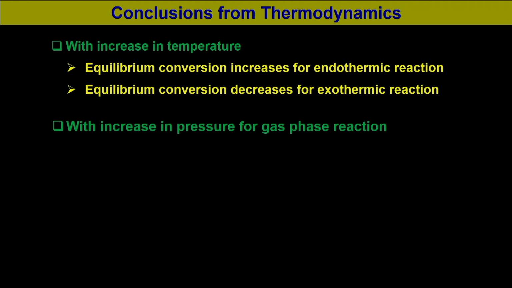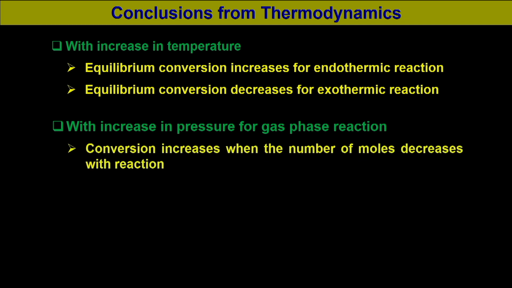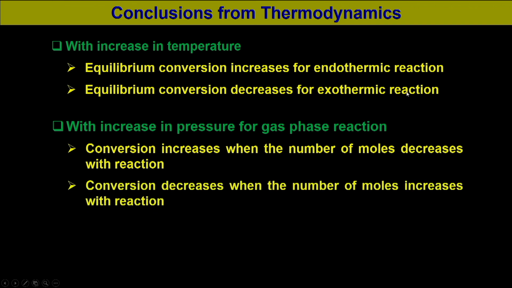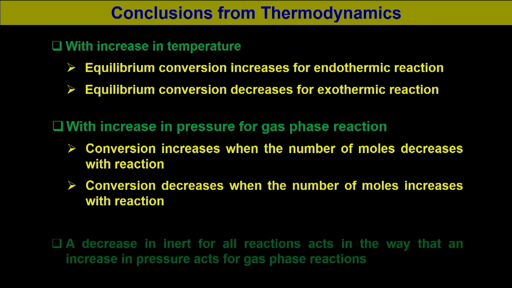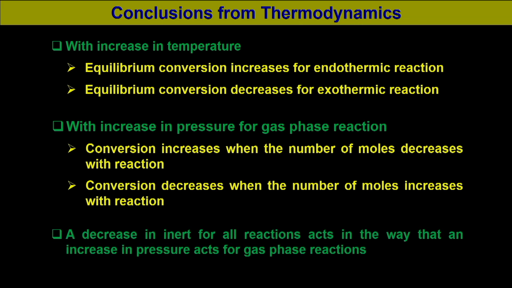With increase in pressure for gas phase reaction, conversion increases when the number of moles decreases with reaction and conversion decreases when the number of moles increases with the reaction. This is the case when we increase the pressure for the gas phase reactions, whereas a decrease in inert for all reactions acts in the way that an increase in pressure acts for gas phase reactions.